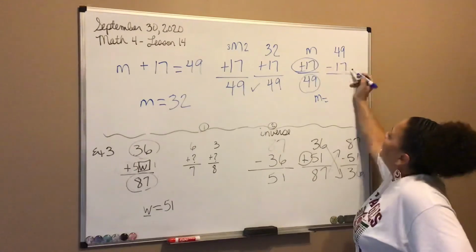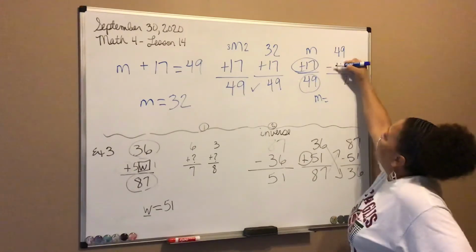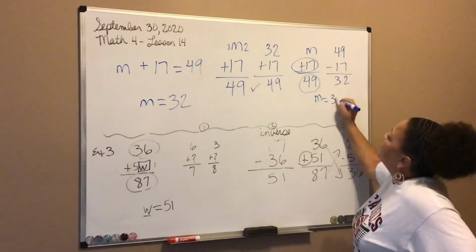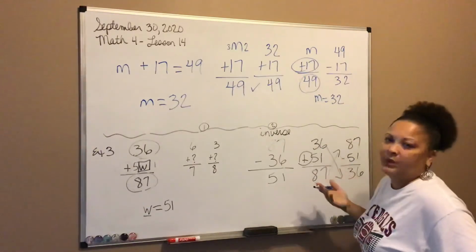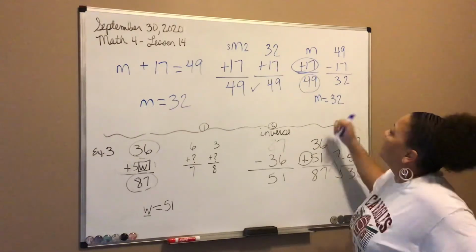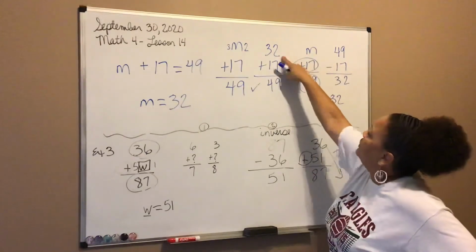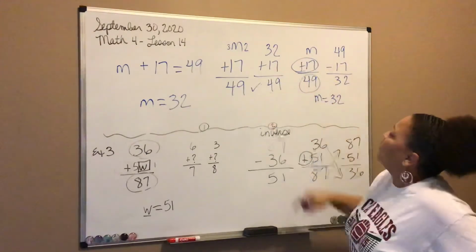So 9 minus 7 is 2, 4 minus 1 is 3. We still have M is equal to 32, okay? And again, you plug it in, 32 plus 17, you'll come out with 49.